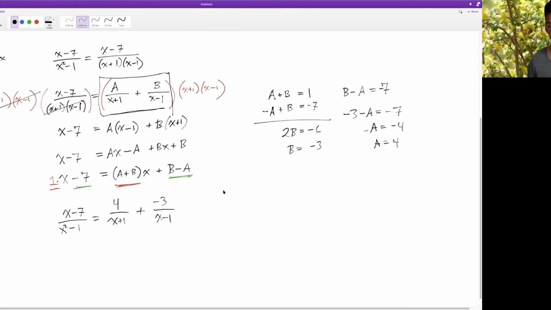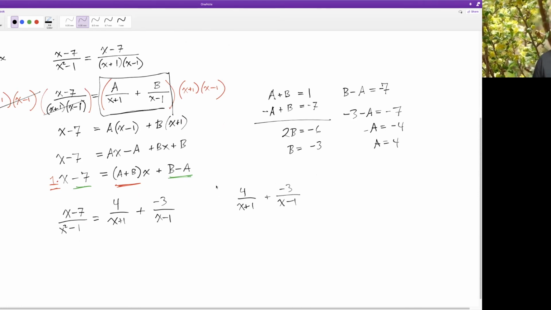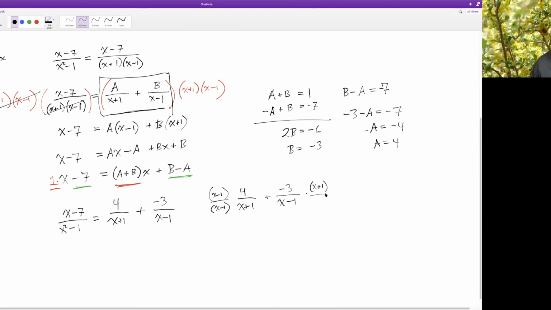And it's always good to check our work. So let's just do a quick check of this, right? If I wanted to add these two fractions together, I need to find a common denominator. In this case, it's the product of their two denominators. What do I get?